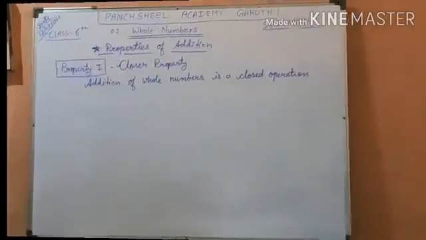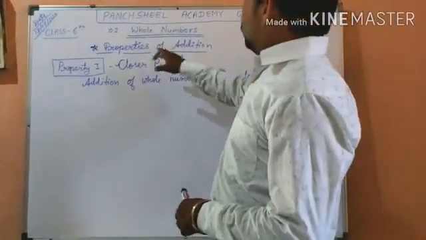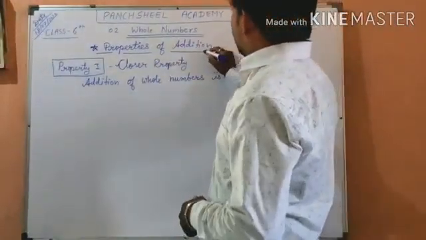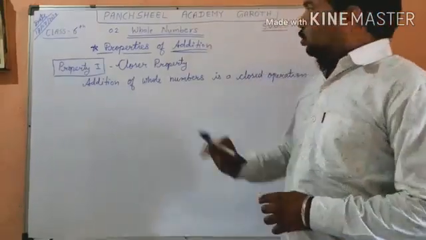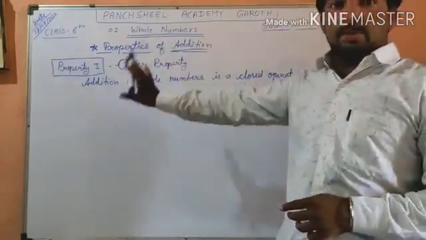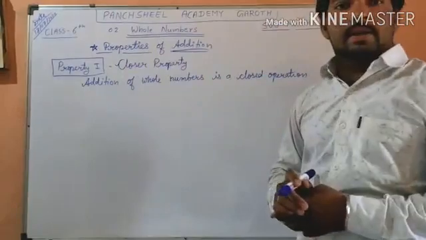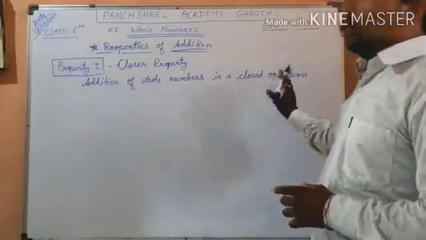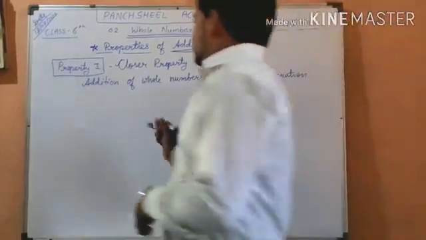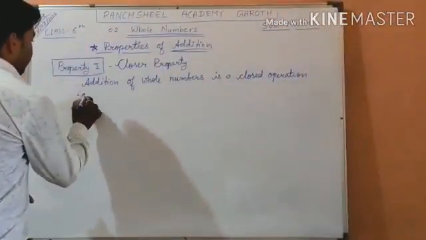So my dear students, we are going to start with the properties of addition. The first property is the closure property. Closure property means addition of whole numbers is a closed operation. We can take an example.